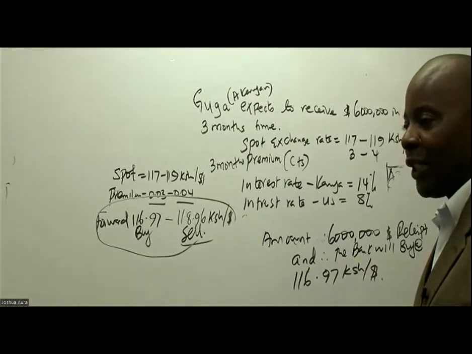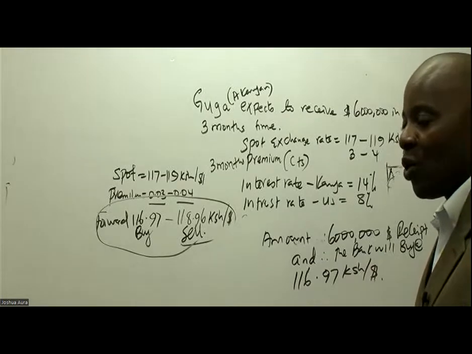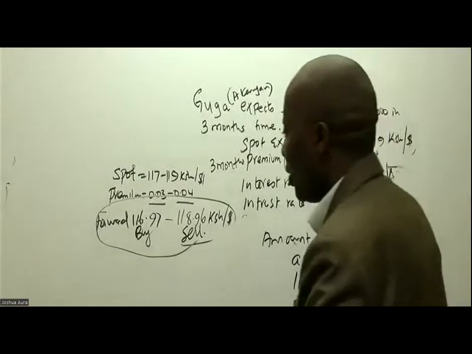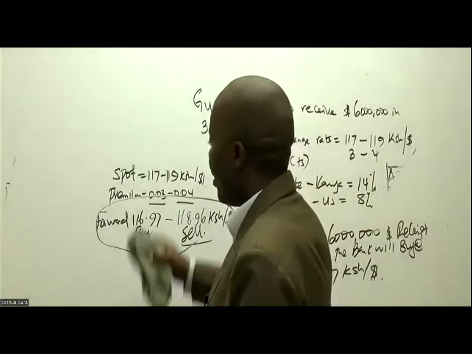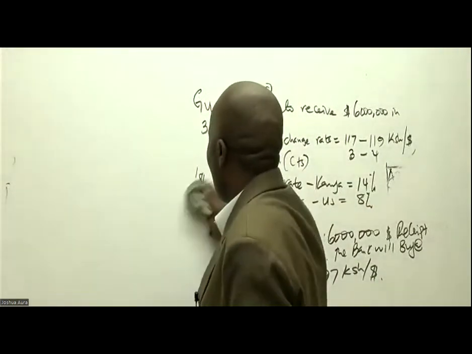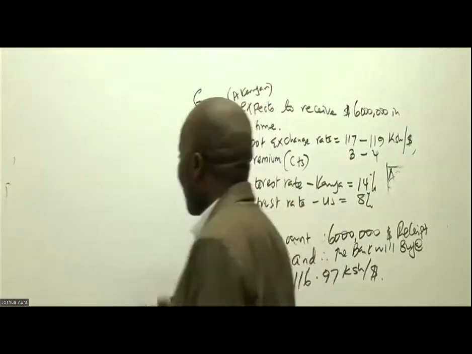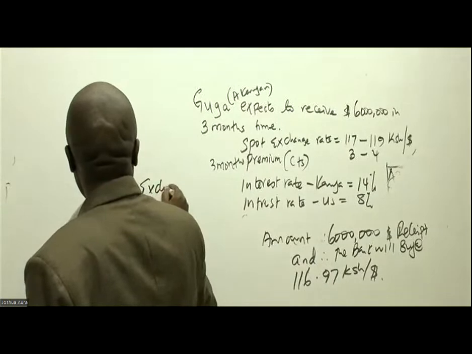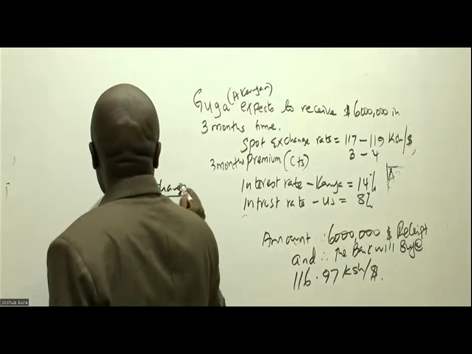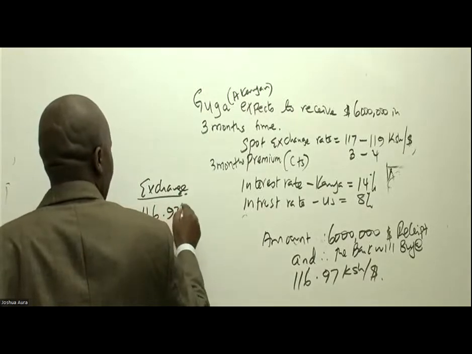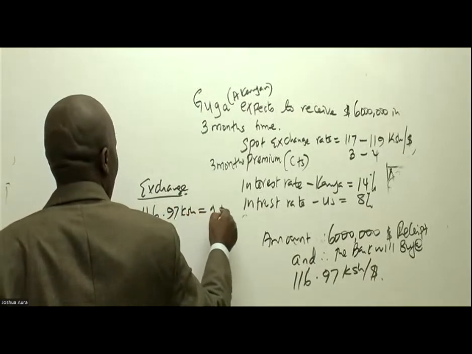After this, I know what to do at the end of the day: do the exchange. So the exchange, what do we have? We have 116.97 Kenya shillings equals $1.